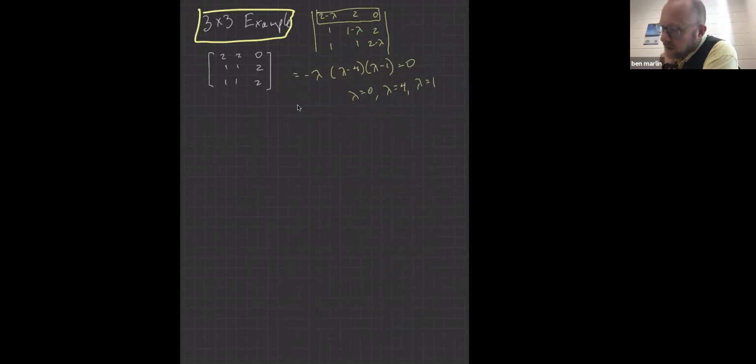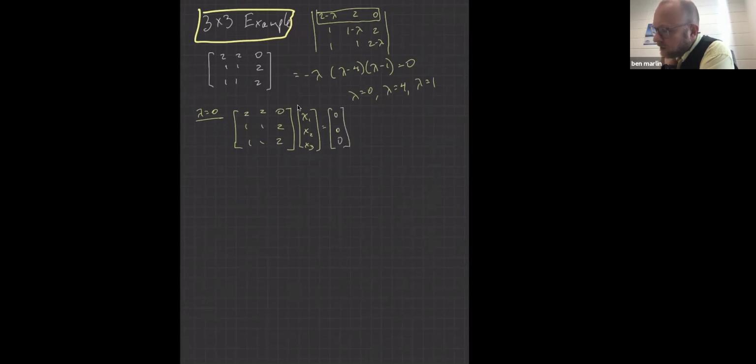All right, so I'm going to take lambda equals 0 and think about the matrix 2, 2, 0, 1, 1, 2, 1, 1, 2, and my x1, x2, x3, and across the top, 0.